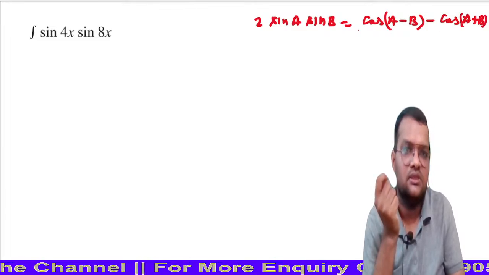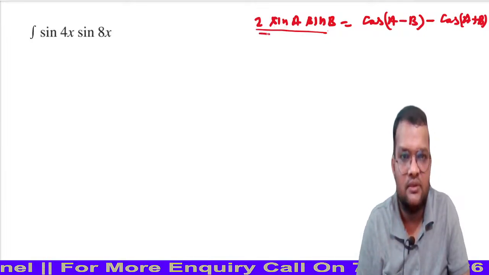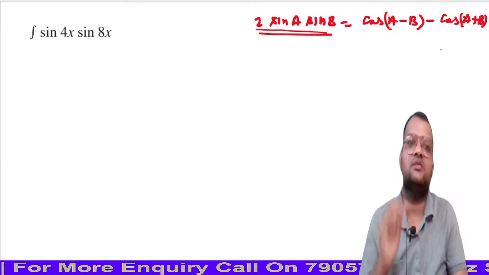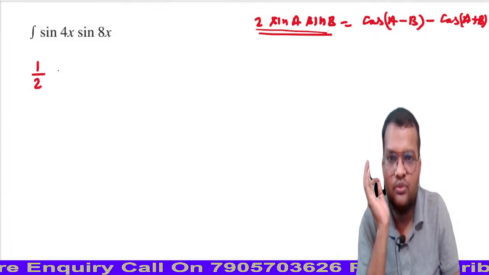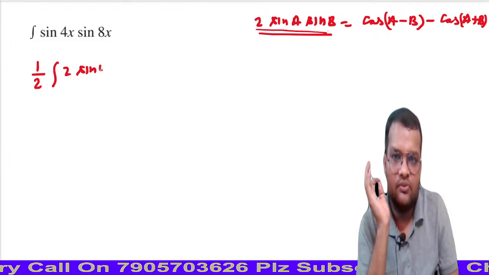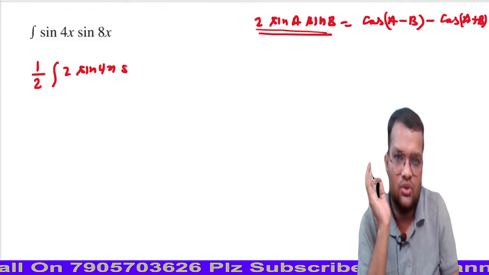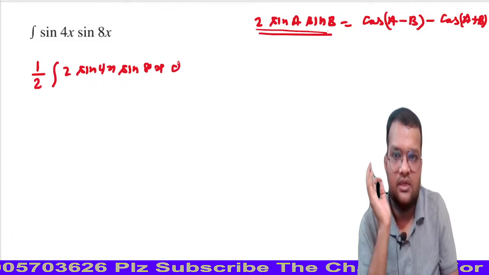So we need to make sin 4x into sin 8x in this form. First we multiply the numerator and denominator by 2, so it becomes 2 sin 4x into sin 8x dx.